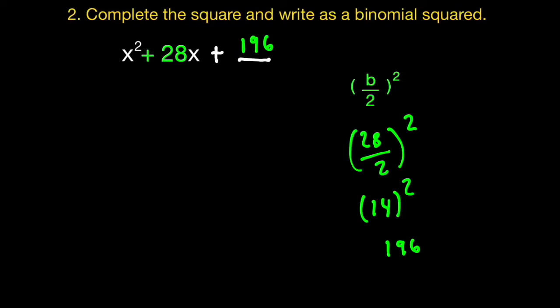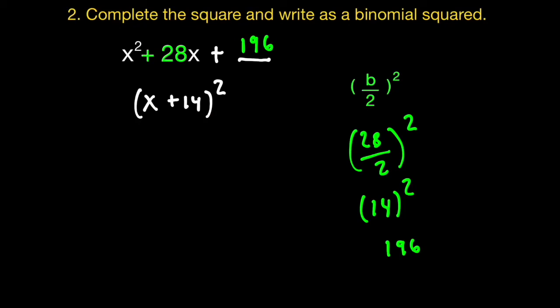To get the binomial squared, I'm going to grab x, and I'm going to add half of the coefficient of x. So half of 28, remember that we already did that, that's going to be 14. We raise that to the second power, and we have the binomial squared. Again, this one's the binomial squared. The first one is the perfect square trinomial.